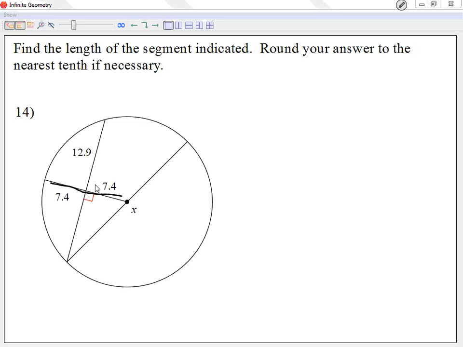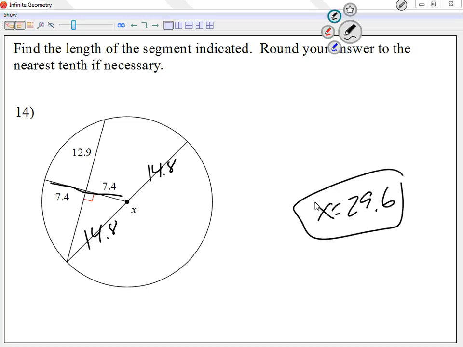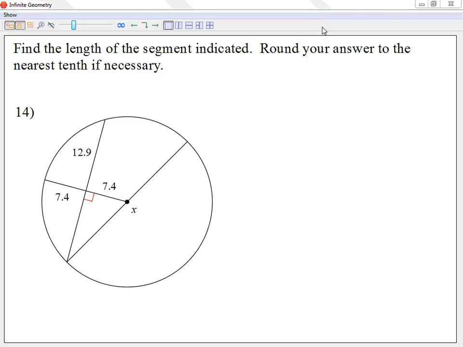I know the radius is 14.8. How big is the diameter? Because one radius is 14.8, the diameter is 29.6. Once again, I'm asking for the diameter.